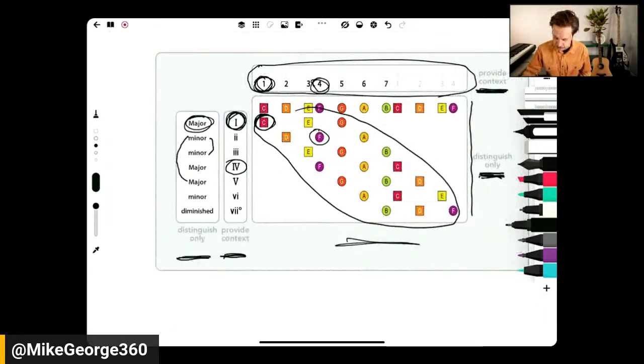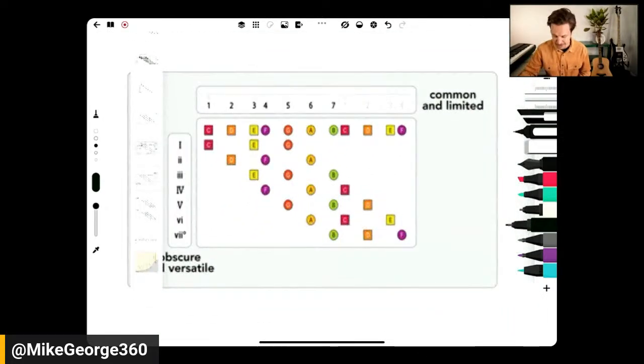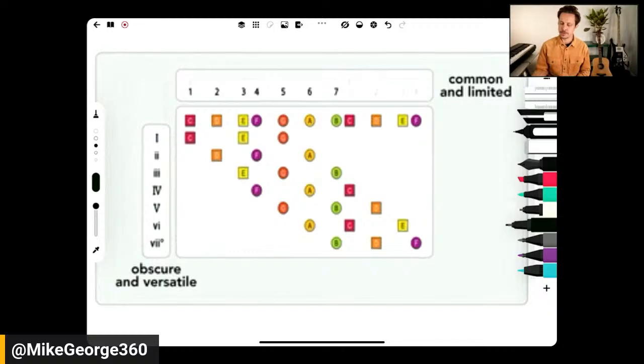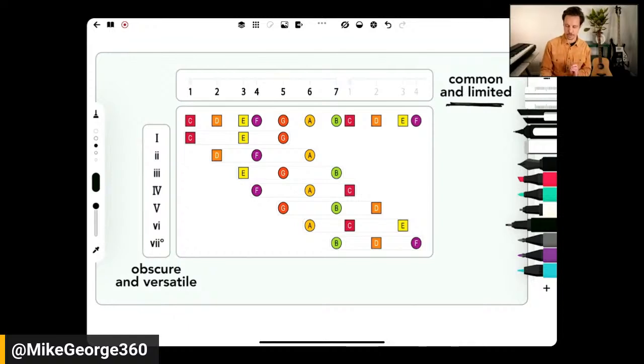So let's look a little further, and it's kind of interesting why we use Arabic numerals for individual scale degrees and why we use Roman numerals for chords. And it's brilliant how, yes, these symbols are archaic and sometimes counterintuitive, but they are brilliant in that they do serve special purposes that are complementary.